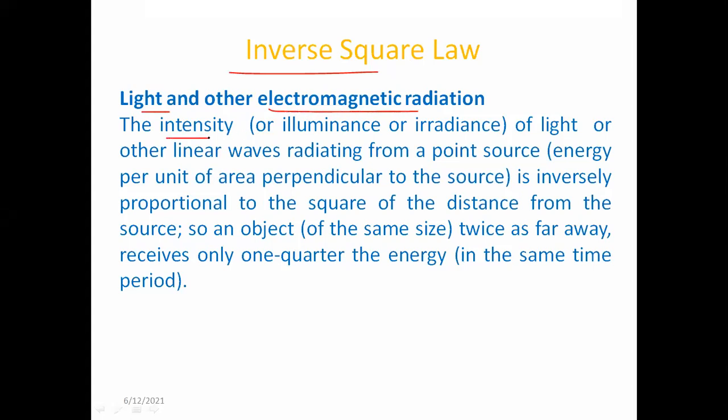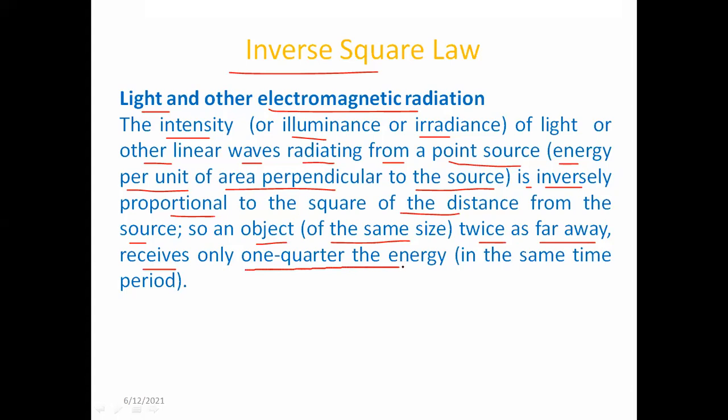The intensity, which is very important for you, the intensity or illuminance or irradiance of light or other linear waves radiating from a point source, which is defined as energy per unit area perpendicular to the source, is inversely proportional to the square of the distance from the source. So an object of the same size twice as far away receives only 1/4 of the energy.